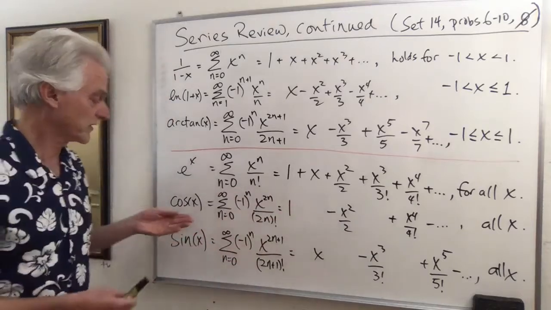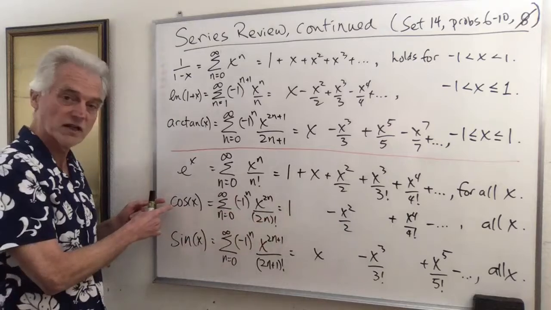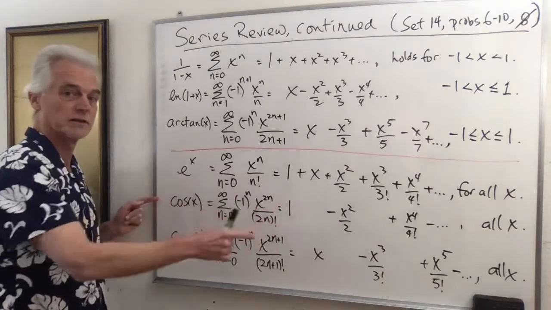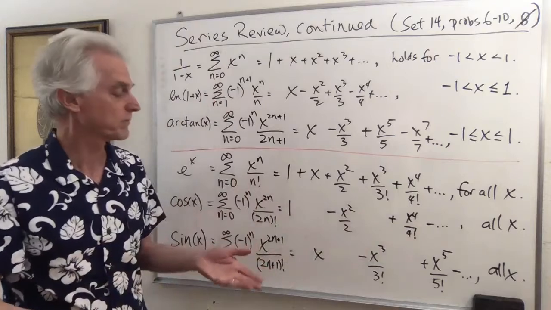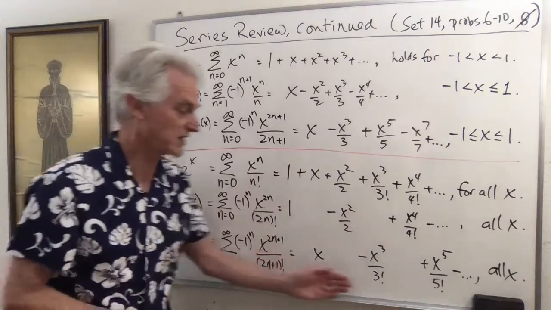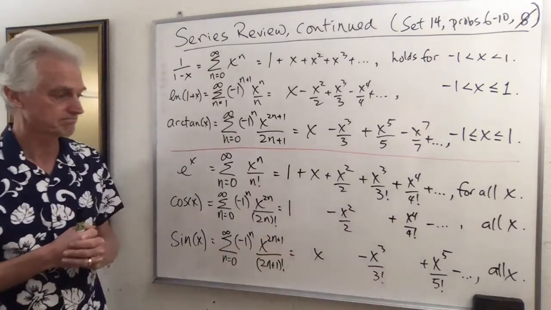In fact, that's something you can think about. Any even function in its Taylor series would only have even powers of x being non-zero. And every odd function only has odd powers of x.